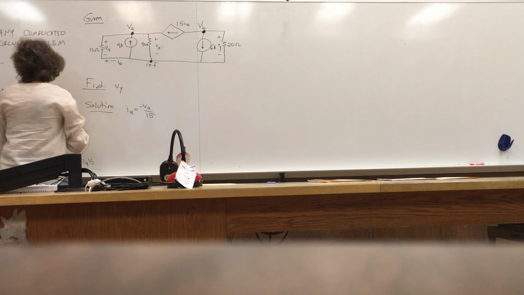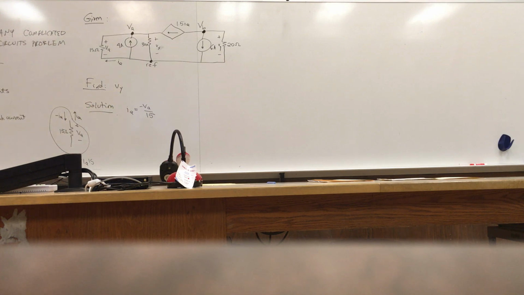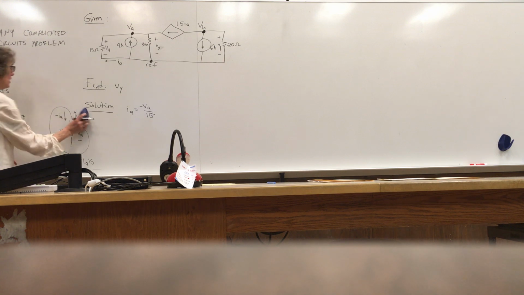Okay, so now we've done this step here. I have written the controlling quantity of my dependent source in terms of, in this case, a node voltage. So I'm done with that step.